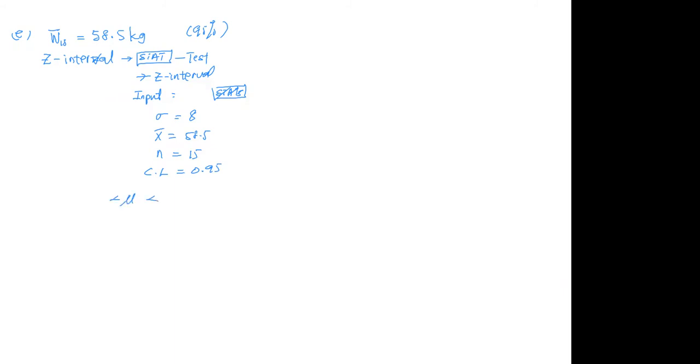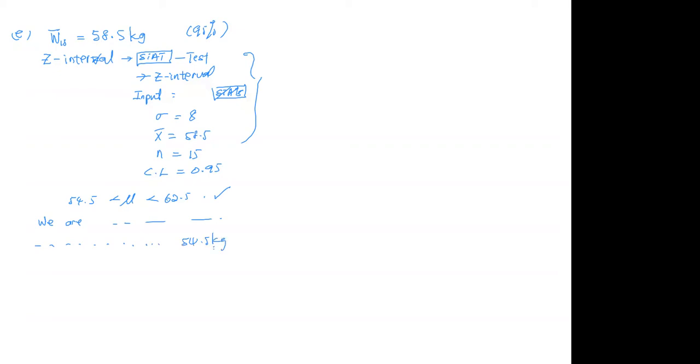Okay, everyone, you can try now. Lower one is 54.5. Upper is 62.5. So you have to interpret. You don't have to write all this. You just write this. Then you must say, we are 95% confident that the true mean weight of people in this population goes as low as 54.5 kg.